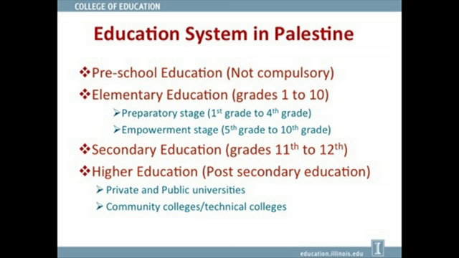Elementary education starts from first grade until 10th grade, and it is also divided into two stages. We have the preparatory stage, from 1st to 4th grade, and the empowerment stage, from 5th grade to 10th grade. Secondary education comes next, from grade 11 to grade 12.